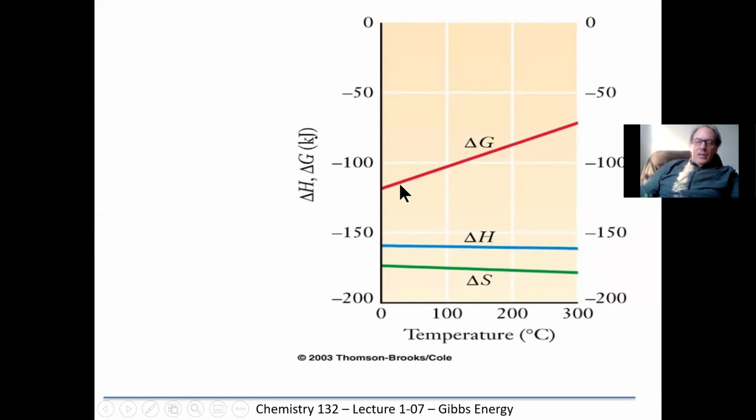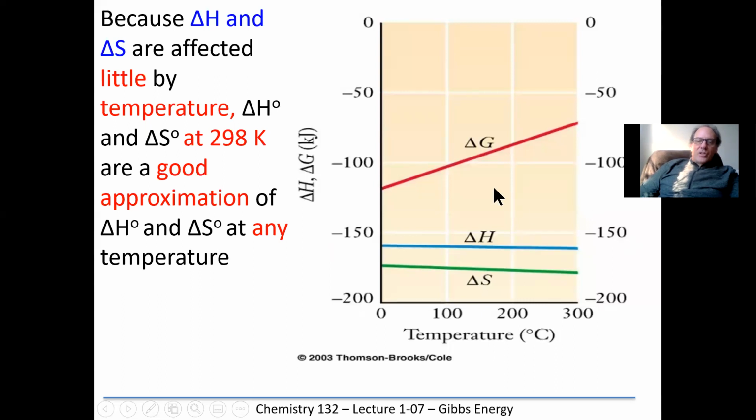However, delta G, that's not the case. Delta G is temperature dependent, and that's when we use delta G is equal to delta H minus T delta S, where we plug in the temperature. But using the values for delta H and delta S at 298 will give us a pretty good approximation for the reaction at any temperature, one that will be useful to us.